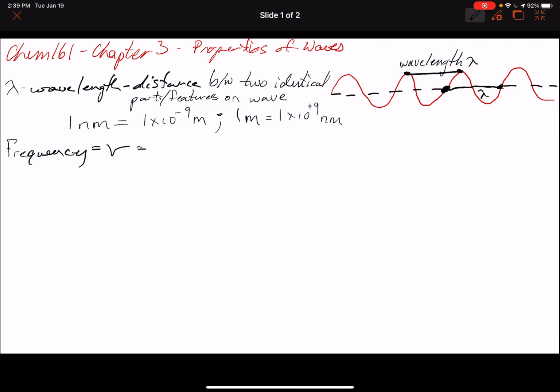And we'll have this as the number of wavelengths that pass a fixed point in a unit of time.